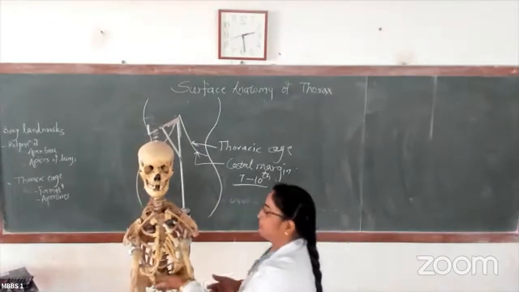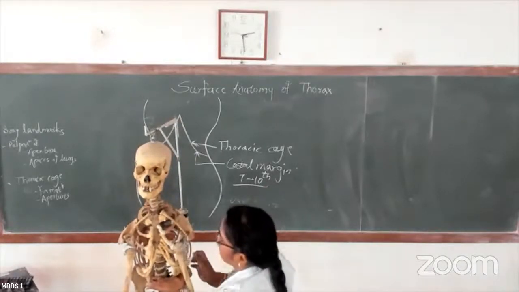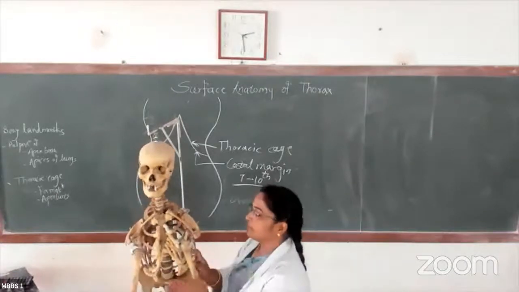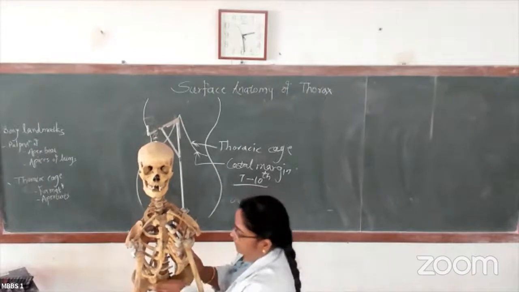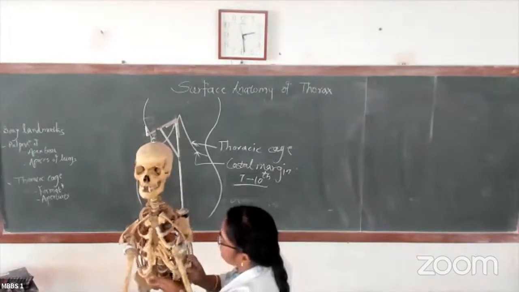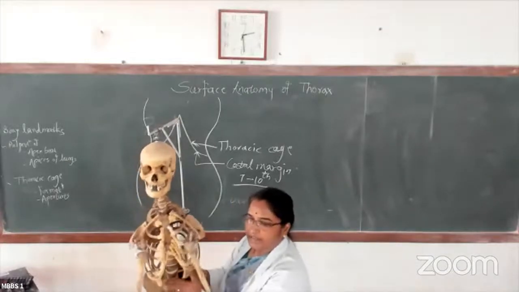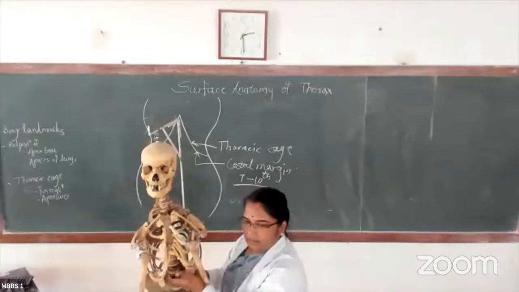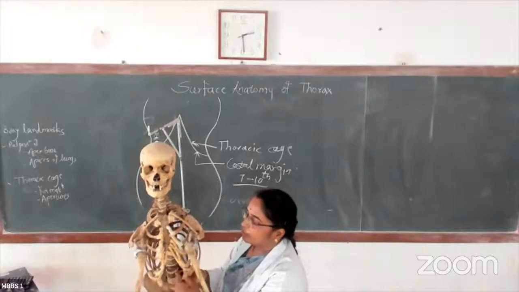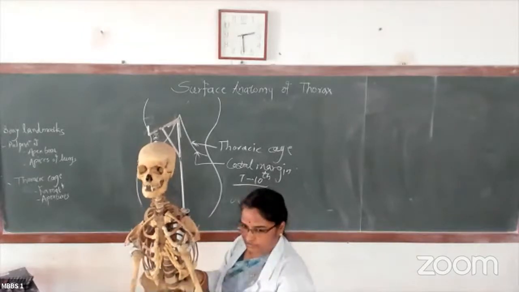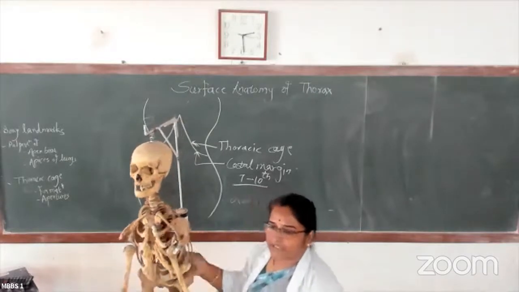Now if we see this thoracic outlet, this outlet is closed by the thoraco-abdominal diaphragm. Now this aperture is formed posteriorly by the 12th thoracic vertebra, anteriorly by the xiphisternal joint, and laterally by the lower 6 costal cartilages, and it's closed by this thoraco-abdominal diaphragm.